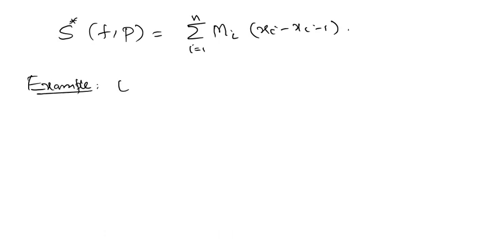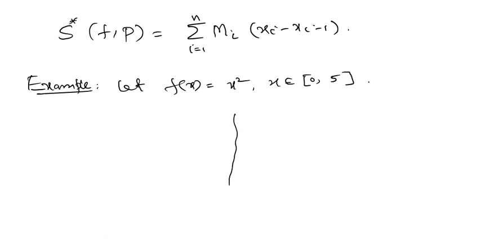So let's take the function f(x) equals x squared, where x belongs to the interval 0 to 5, for instance. Its graph is like this: f(x) equals x squared.